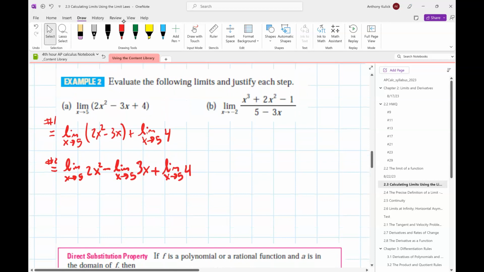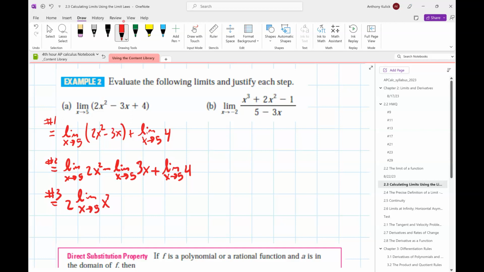Sure. Now I'm going to use property 3 to pull the constants out front.